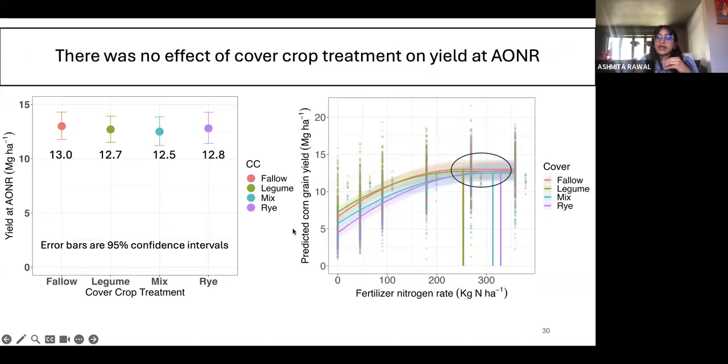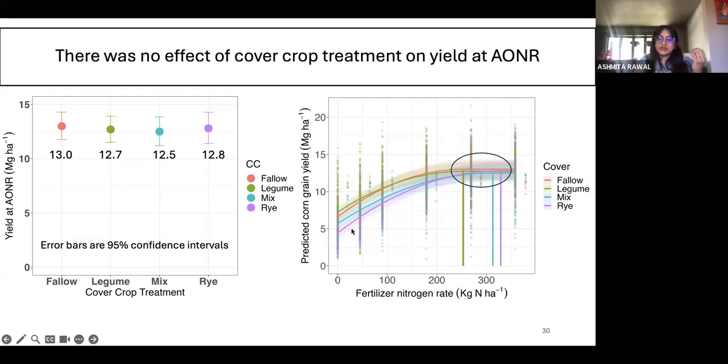But at agronomic optimum nitrogen rate, yield was not different from each other. So yield following all of the cover crops were not different from each other. It kind of ranged from 12.5 to 13, but they were not different from each other.